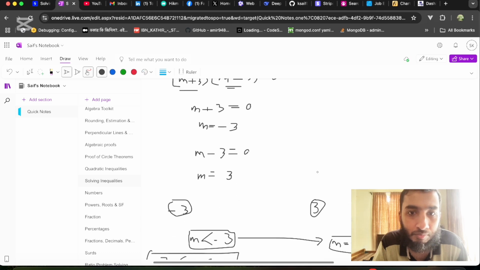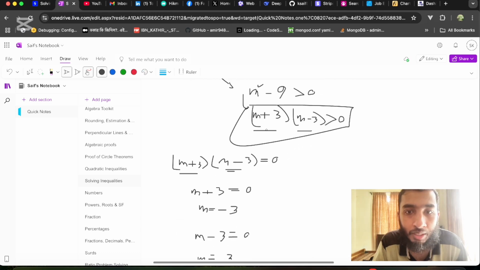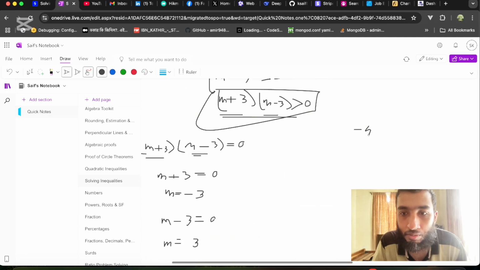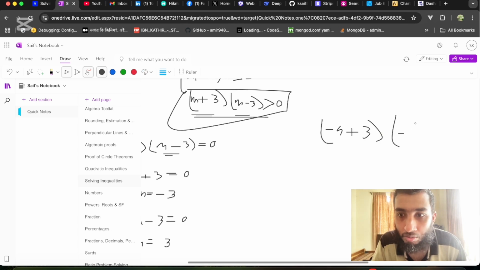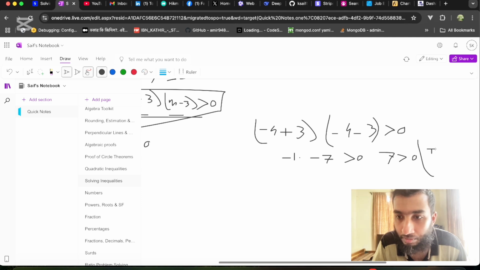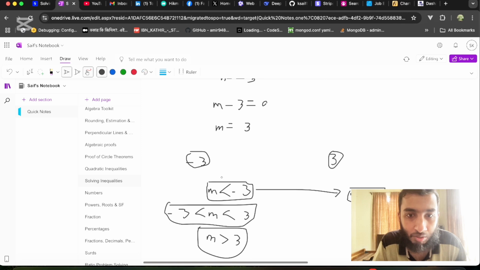If I apply minus 4 in this inequality, I get minus 4 plus 3 multiplied by minus 4 minus 3 is greater than 0. Is it greater than 0? Minus 4 plus 3 is minus 1, multiplied by minus 7. Minus 1 multiplied by minus 7 is 7, and 7 is greater than 0. This is true. So this condition is fulfilled.